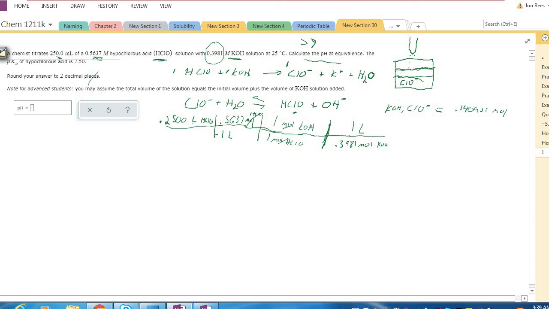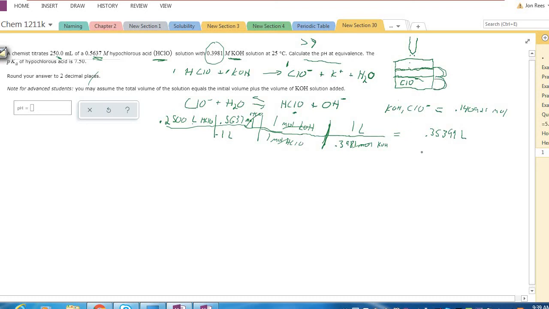And so I get that just by using what's given me right here. And so now my moles of KOH will cancel out. And so the volume of KOH that I've added, I calculate to be 0.35399 liters of KOH that I've added. Now that's only this amount right here. I need to account for all that volume.